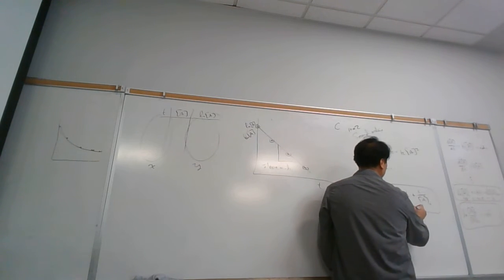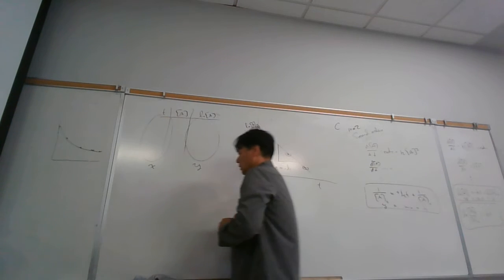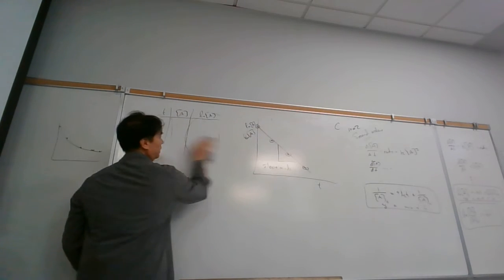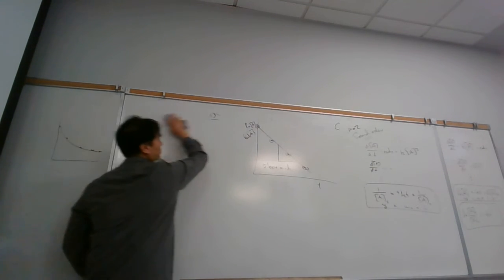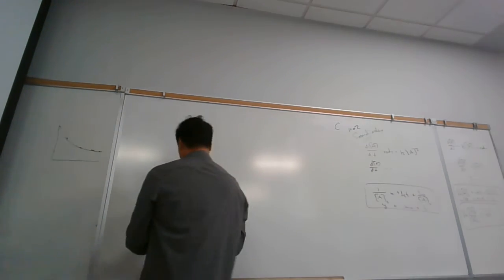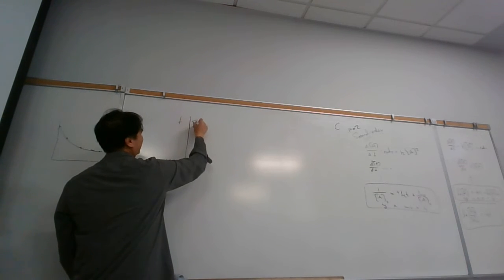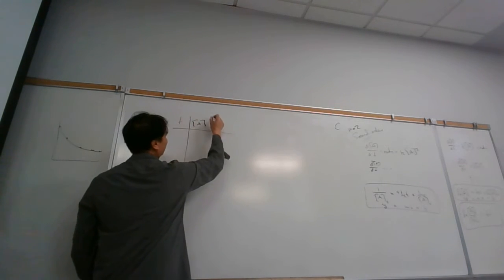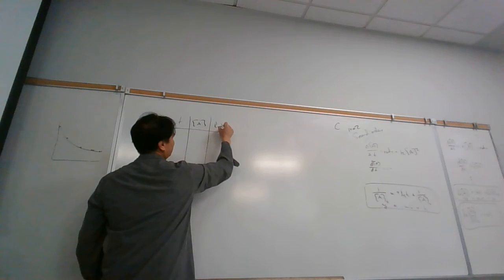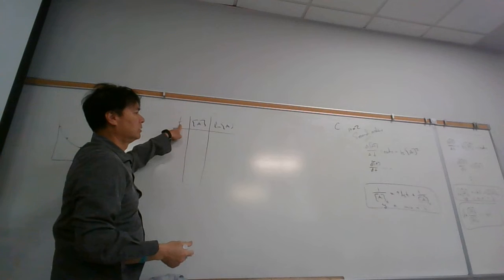Y equals mx plus b again. And so if we're doing second order, what we'll do is generate more columns in our table. So first we have this. If it's second order and we plot this versus time, it's curved.